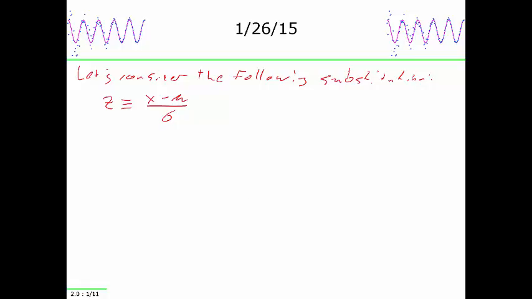Z is defined to be x minus mu over sigma. If that's f of x, then what is f of z?